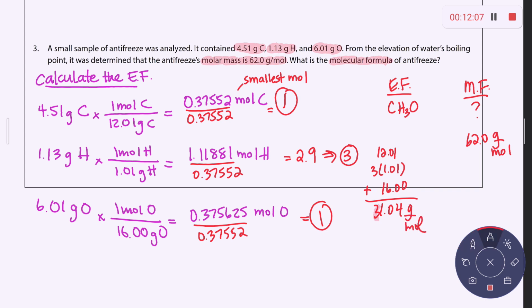This is the molar mass for the empirical formula. Okay? 31 times what is 62? 2. Yep. So if 31 times 2 is 62, you would multiply the empirical formula by 2. And what would that give me for the molecular formula? C2H6O2. Exactly. There's my molecular formula, C2H6O2. Okay? That's enough for you to do the worksheet.